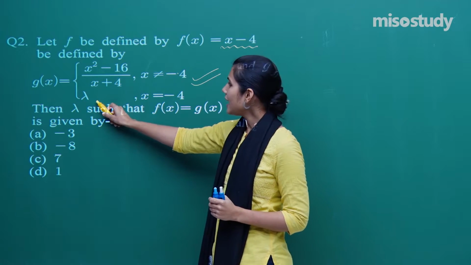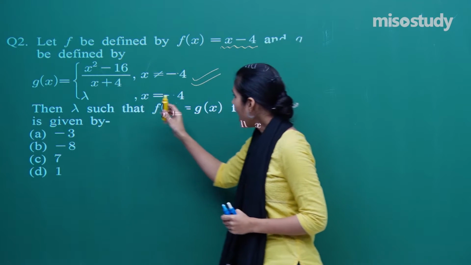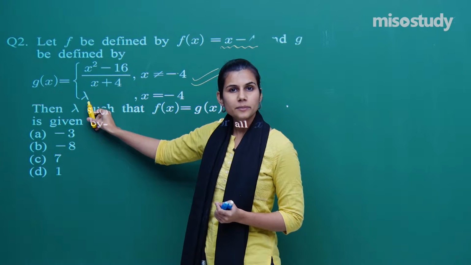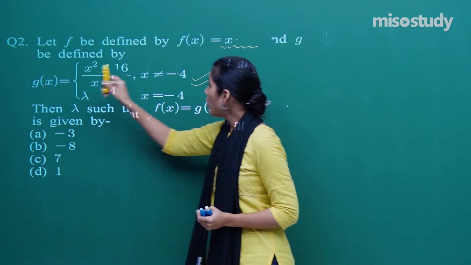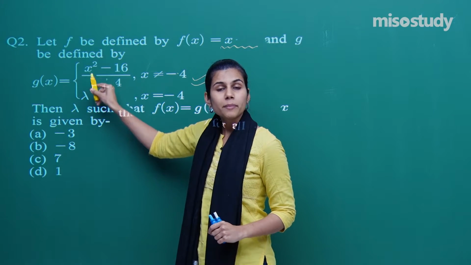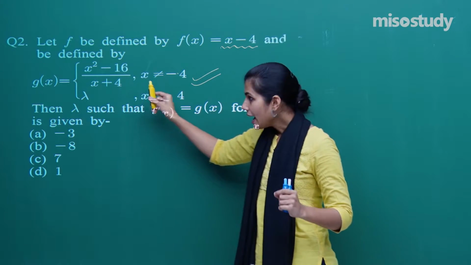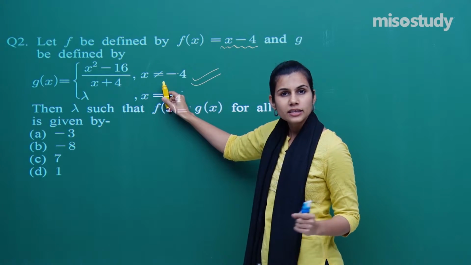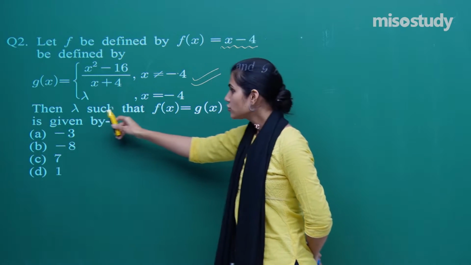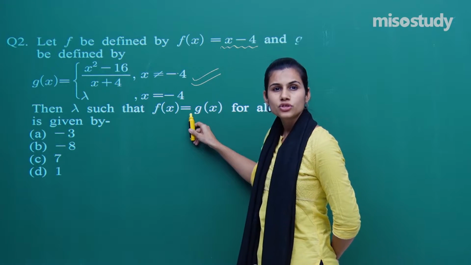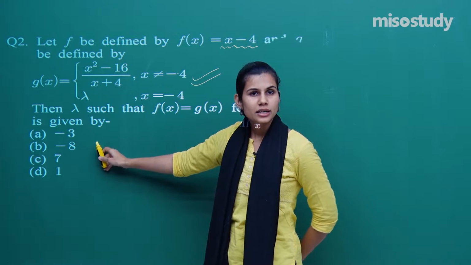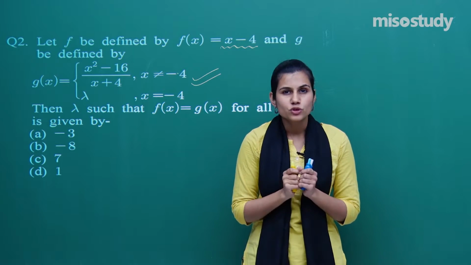It is saying that g function at the point -4 is attaining the value lambda, and g at points not equal to -4 is attaining a value given by this expression. And then when f and g are given in this way, it is saying find lambda such that fx is equal to gx for all x if this is true. And that is what I am supposed to find.